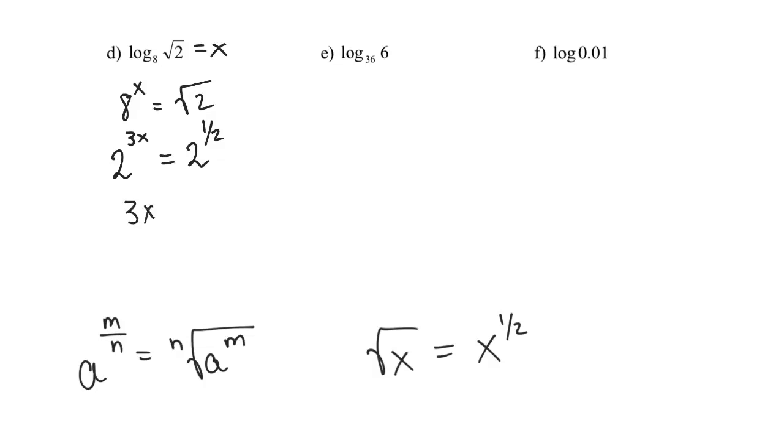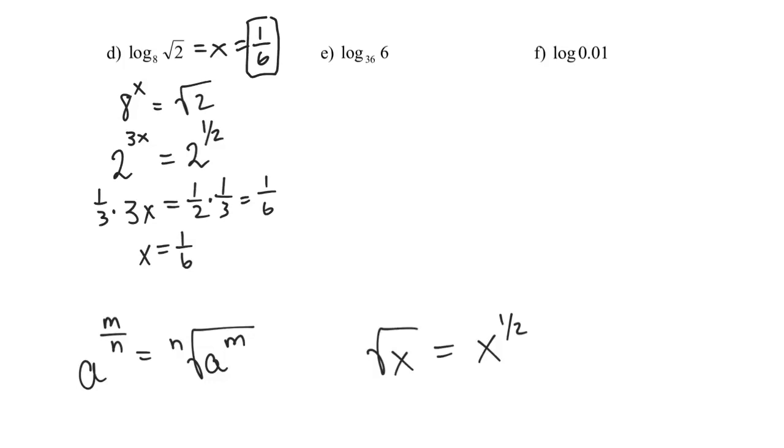That gives me 3x is equal to 1/2, and if I divide both sides by 3, x is equal to 1/6. So 1/6 is the answer there. If you're struggling with the fractions, notice that dividing by 3 is the same as multiplying by 1/3, and then 1/2 times 1/3, you just multiply across, and that's how I got 1/6.